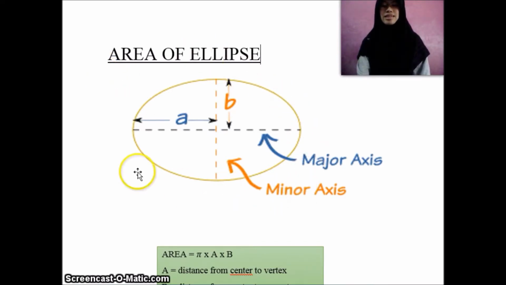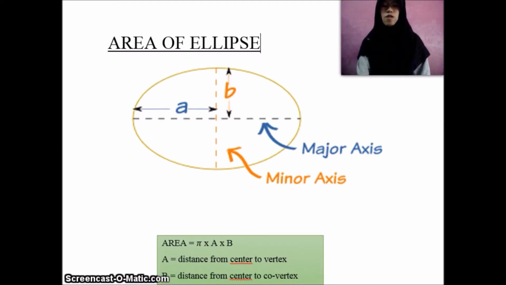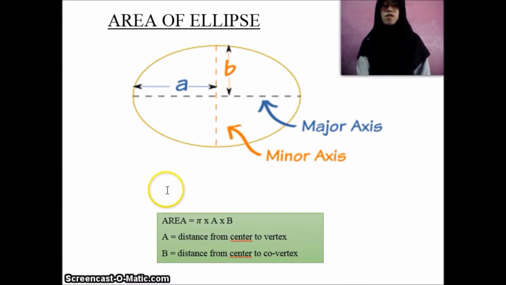We know that an ellipse has an oval shape that is kind of like a circle, but the circle has the same radius, while an ellipse has two different radii, A and B. The area of a circle is pi r squared, but since an ellipse has two different radii, it becomes pi times A times B. A lies on the major axis, the distance from center to vertex, while B lies on the minor axis, the distance from center to co-vertex.